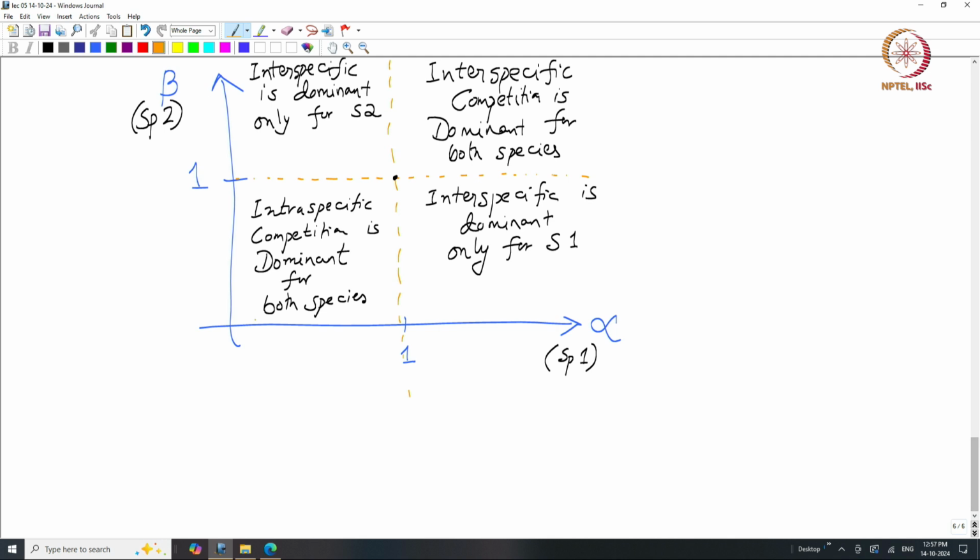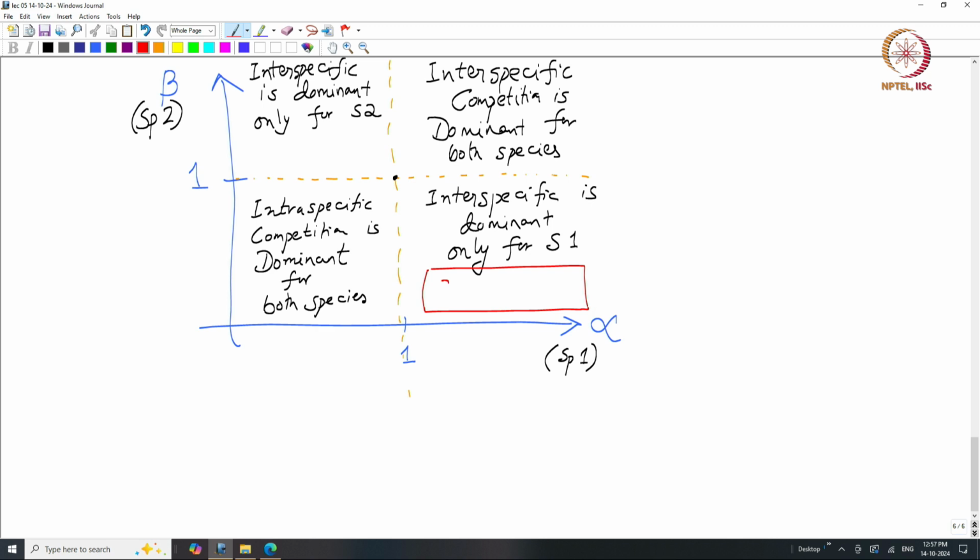Okay. So, in this space, let us look at this box here, where S1 has a strong negative influence because of S2.